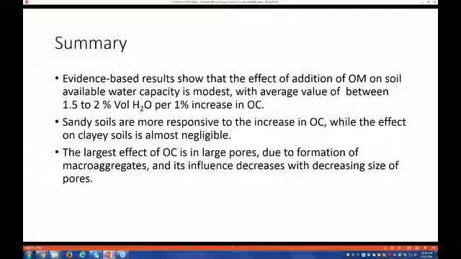Okay. But I would still say the same conclusion holds. When we're talking about organic carbon, organic carbon is the form of organic matter that's already been incorporated in the soils.